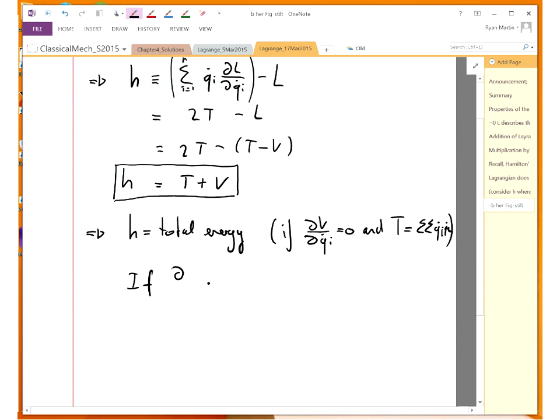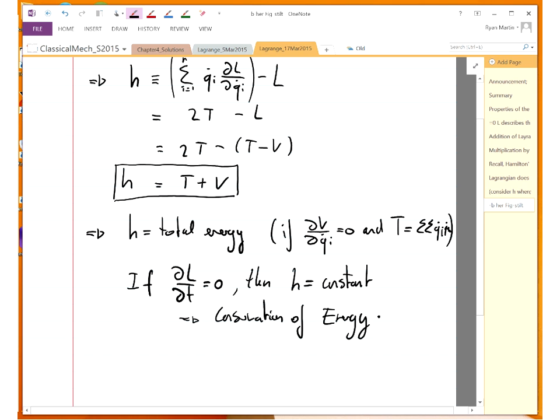Now, if ∂L/∂t is equal to 0, then H is equal to a constant. And so we call that conservation of energy. So conservation of energy is built into this description of mechanics.